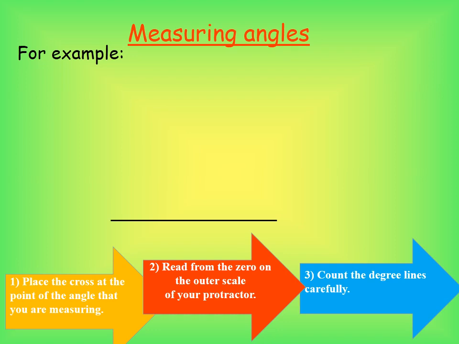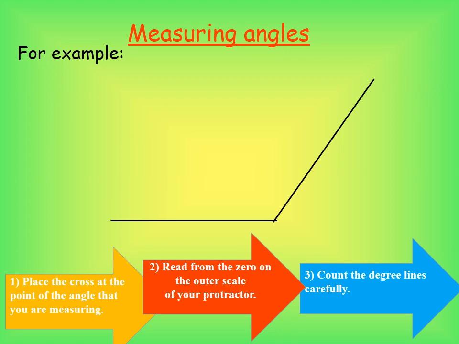Now one more example. We want to estimate, then measure this angle. Okay, before we measure, let's estimate it. Who can tell me, is this more than a right angle or less than a right angle? Excellent, it's bigger than the right angle.